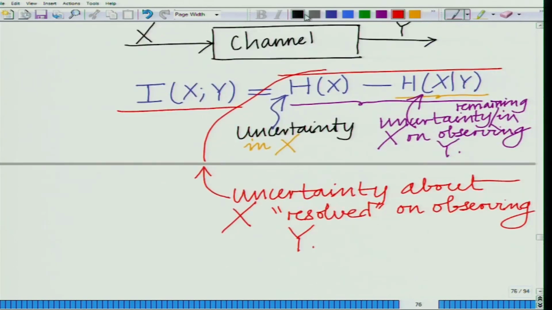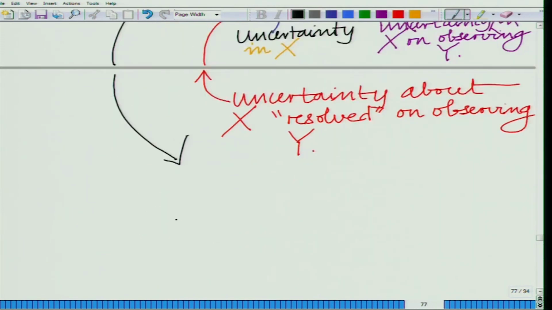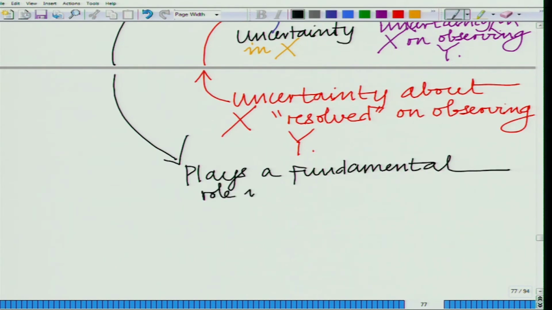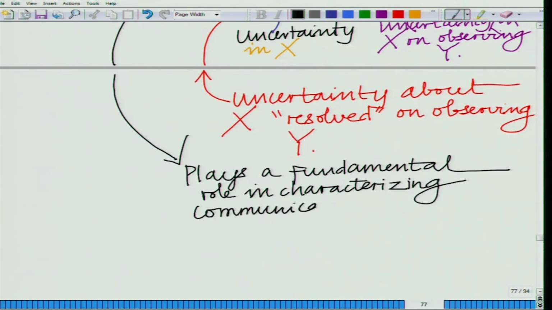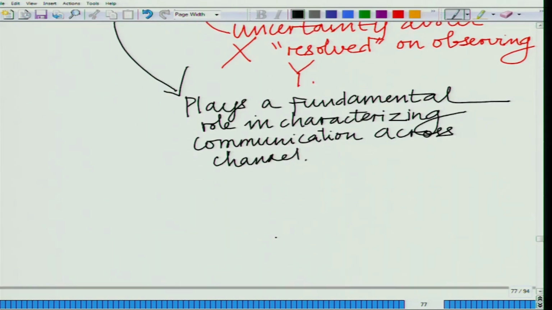The mutual information, as we shall see later, plays a fundamental role in characterizing communication across the channel.